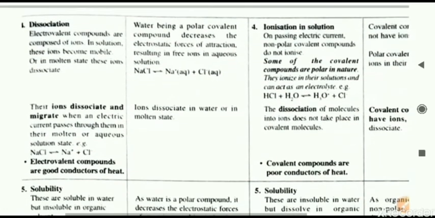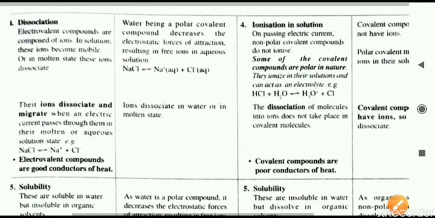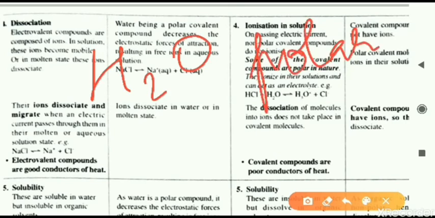Now the fourth point, dissociation in solution: is there or not. Whenever we take an electrovalent or ionic compound, they dissociate into ions, they break down into ions. Water is a polar solvent. Water is a polar covalent compound.